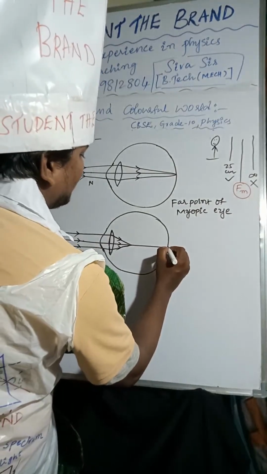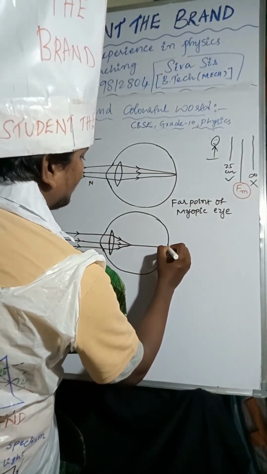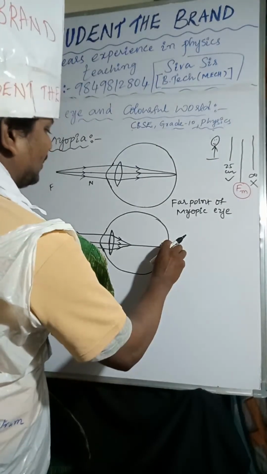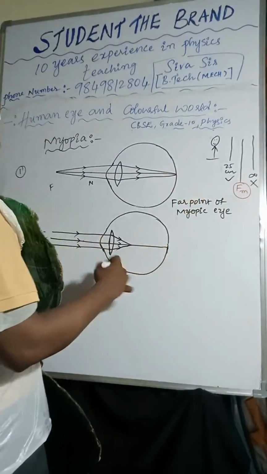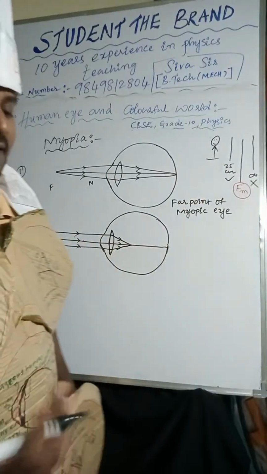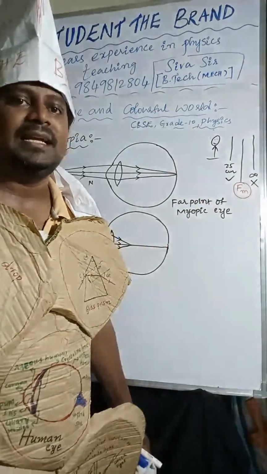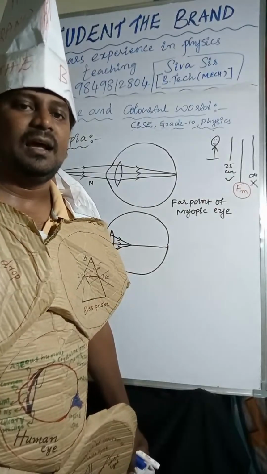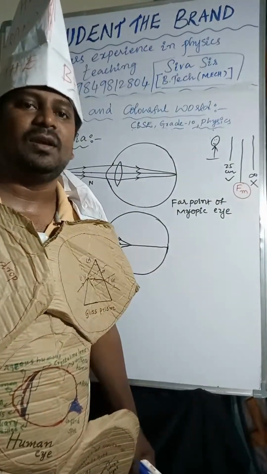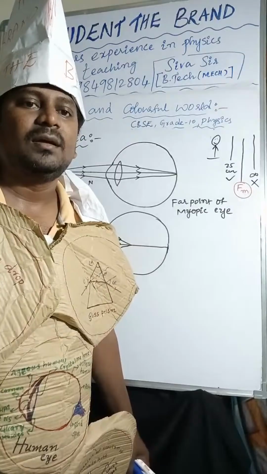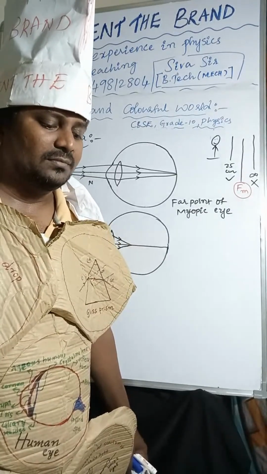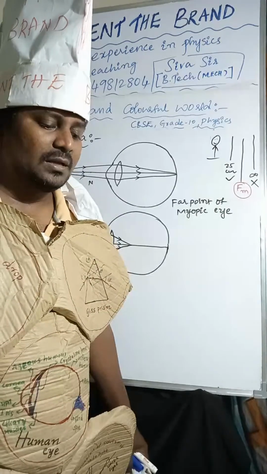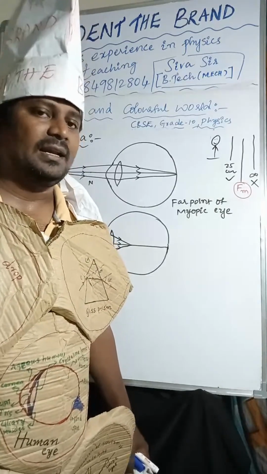If the light rays meet at the retina only, the image will form, and we can see the image.